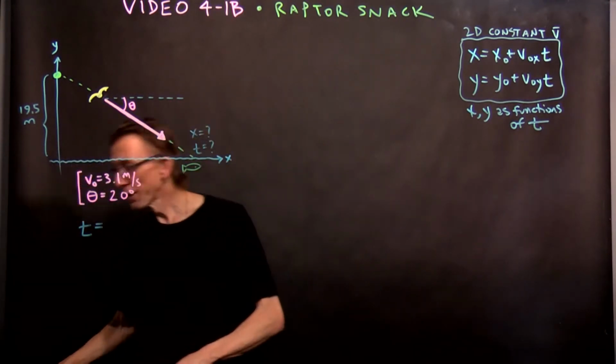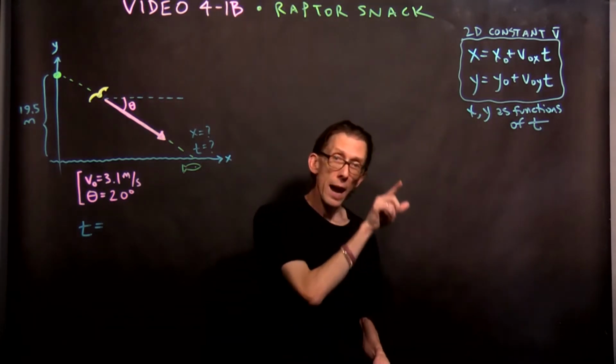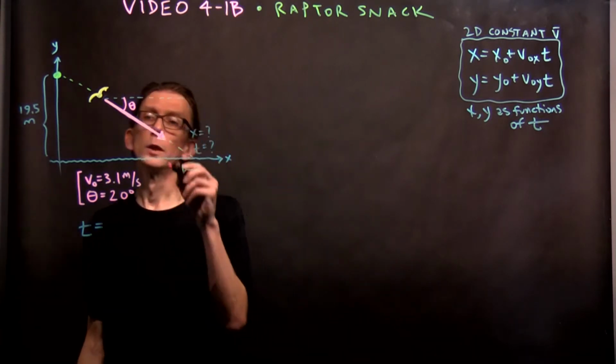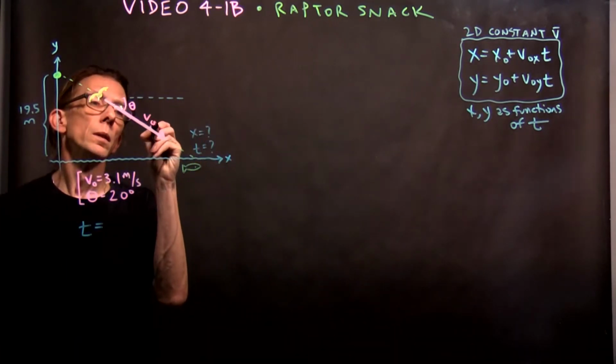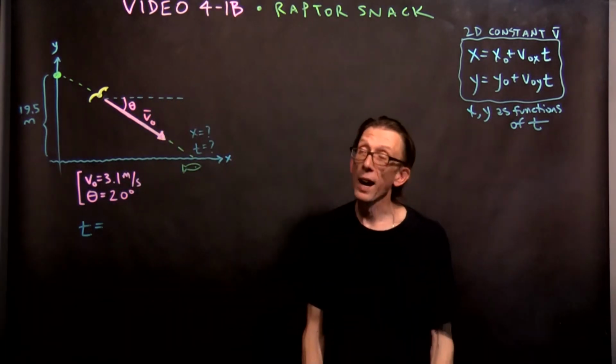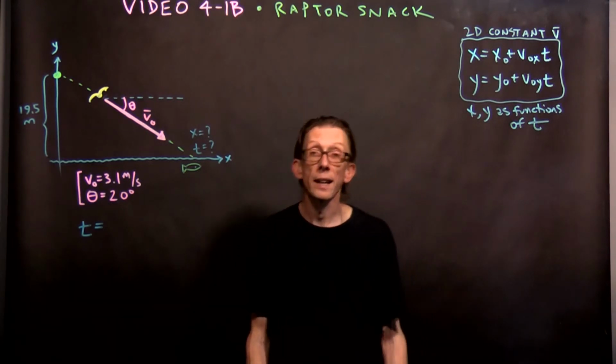So what I want to do here is what I did on the last part of the turtle example. We have a vector here, V0. That vector does not lie along the y-axis and it does not lie along the x-axis.